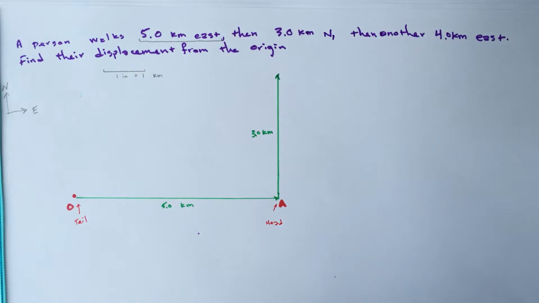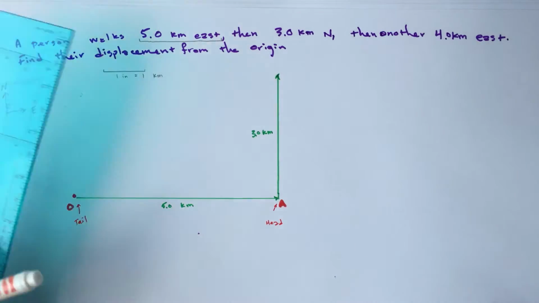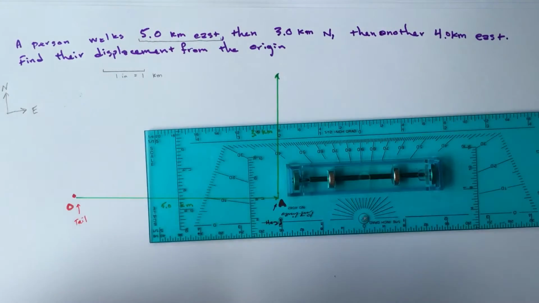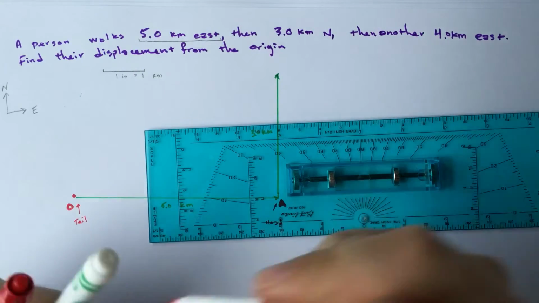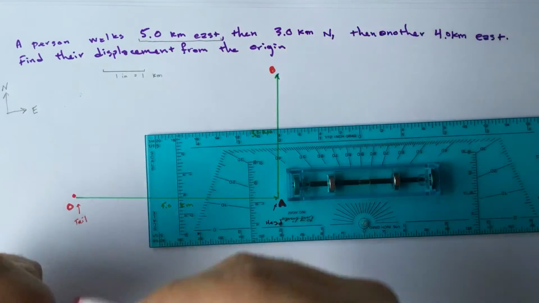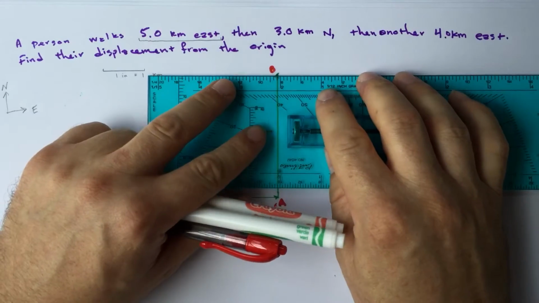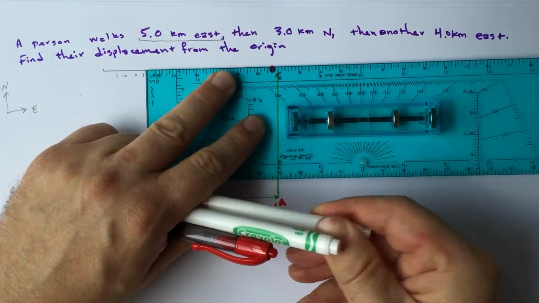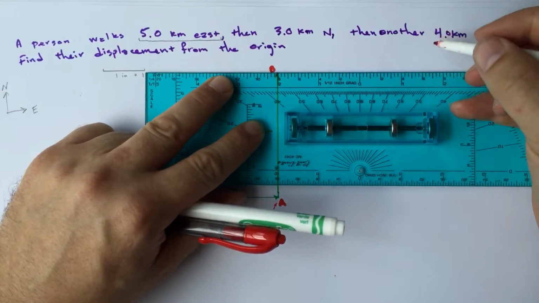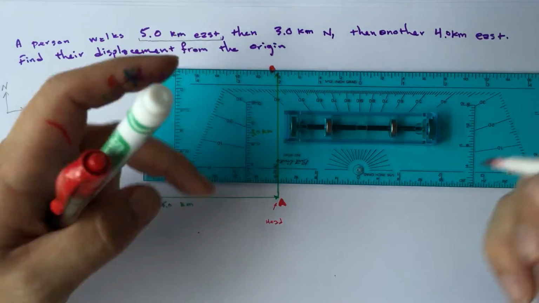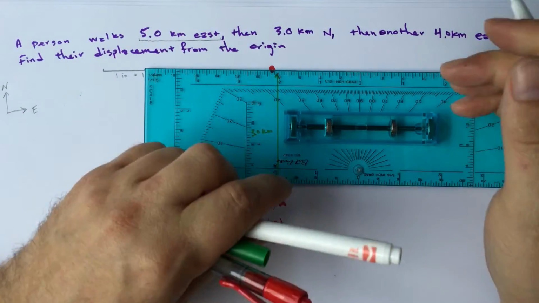And finally, they walk another 4 kilometers east. Let's call this point B, one of the points along our little journey. Another 4 kilometers east, we draw that vector, and it looks something like this. I'm going to stick with green here.